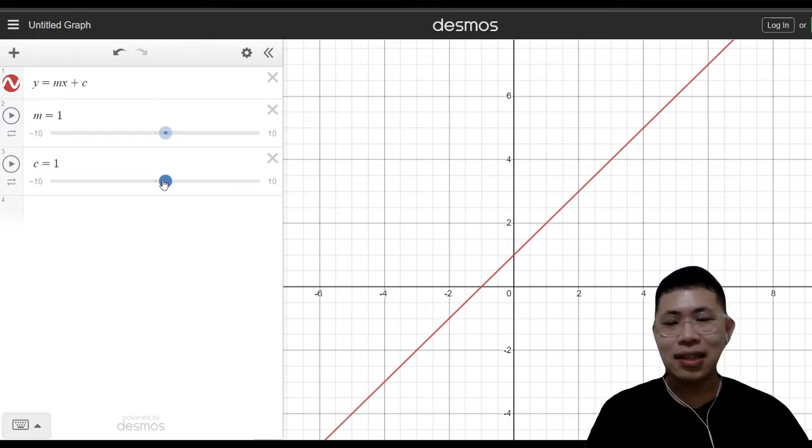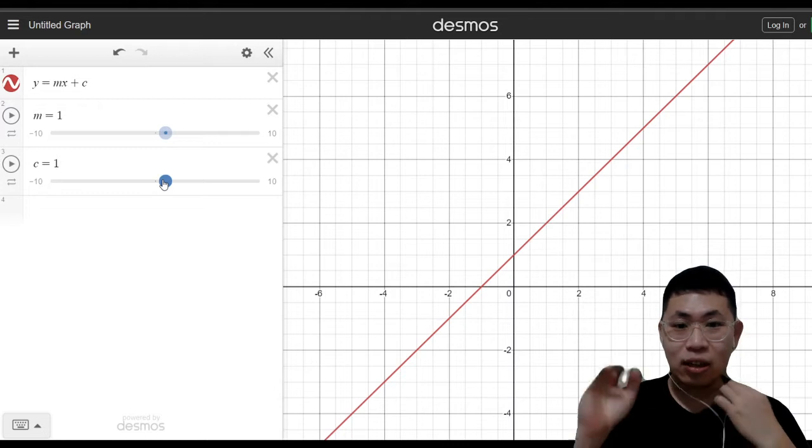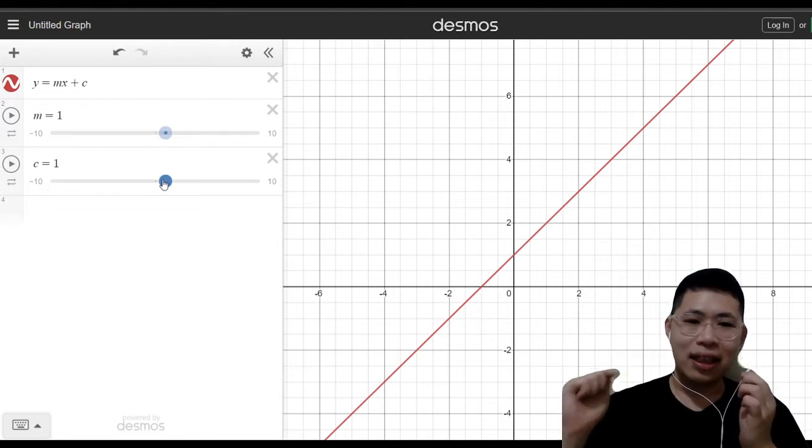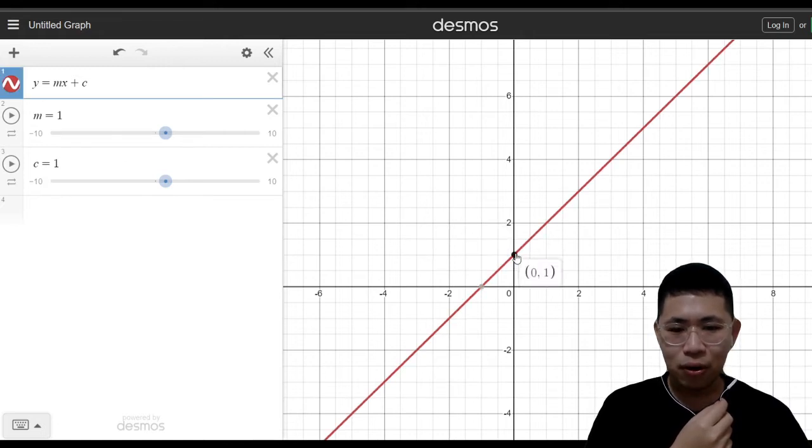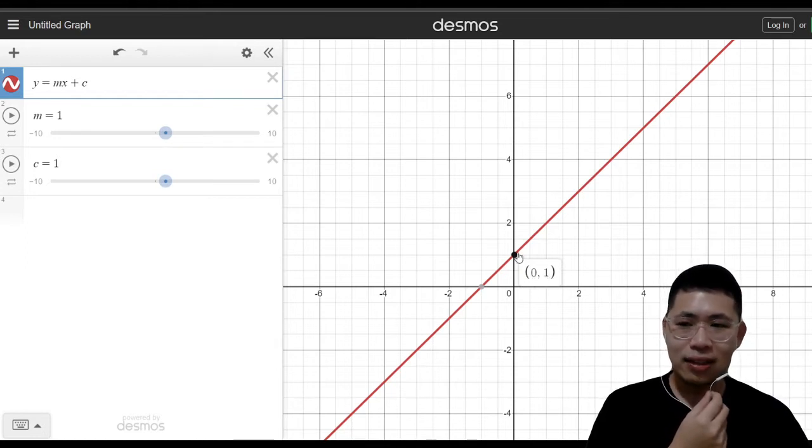One more time, c is the y value when the line passes through the y-axis. So when the line passes through the y-axis, we get a point over here. Do you see (0, 1)? The 0 is the x coordinate, the 1 is the y coordinate.